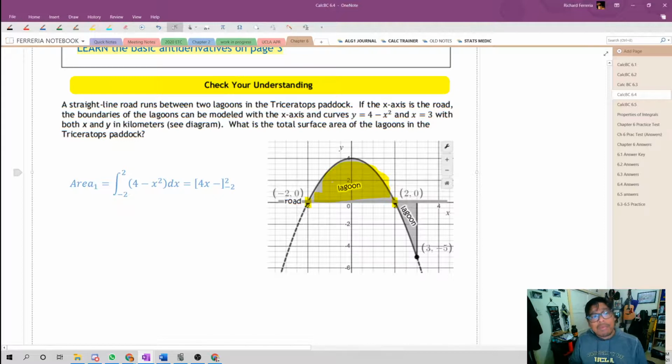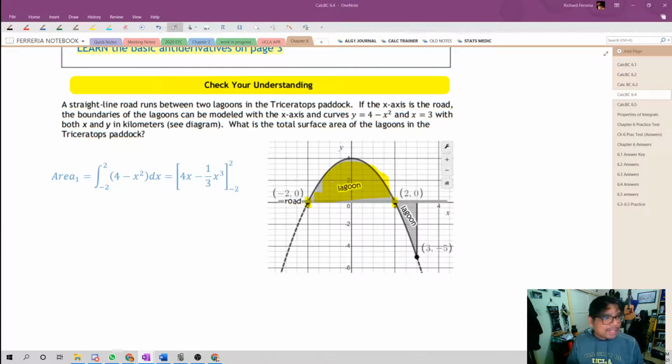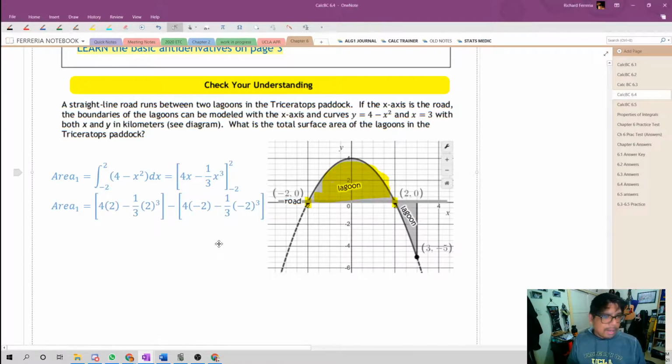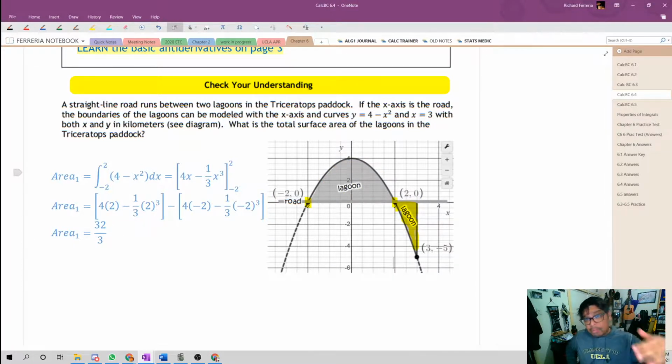And then the antiderivative of x squared, I'll play along with you on this one. 2 plus 1 is 3. So it's 1 over 3 multiplied by x to the third power. Next task is to substitute the upper and lower limits. And then you just evaluate that algebraically. First area is 32/3.